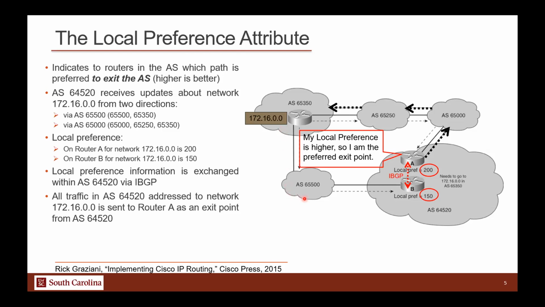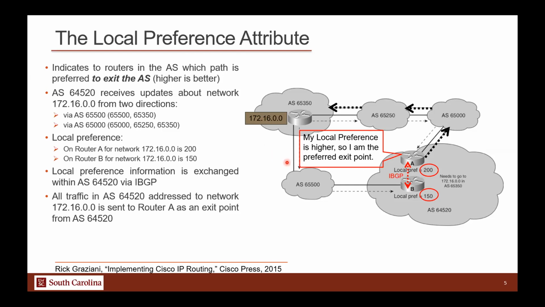The first one is through autonomous system 65500, which is only 1 hop away, 1 autonomous system away. And the second one is through two autonomous systems, 65000 and 65250. So again, without route manipulation, the autonomous system will choose the path with the least number of autonomous systems, which means this one.